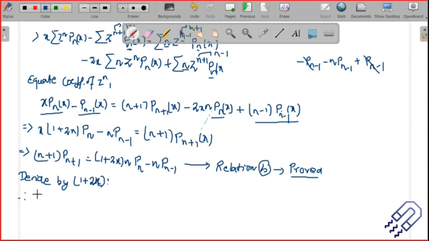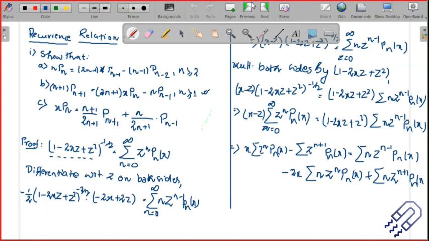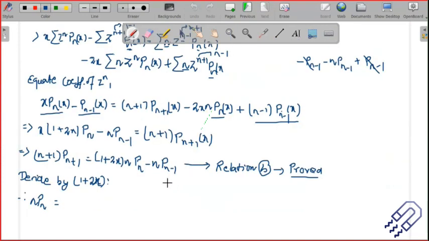So therefore we can have this n p n. Okay, n p n, 1 plus 2x on one side, so I'll just simply write it down as n p n on one side, and on the right hand side, it will be 1 plus 2n into x. Or let me just check that.